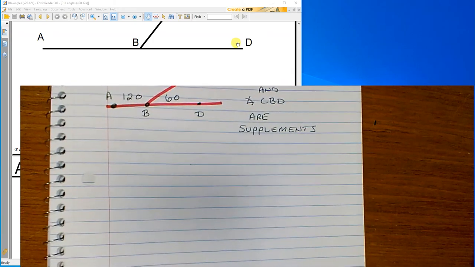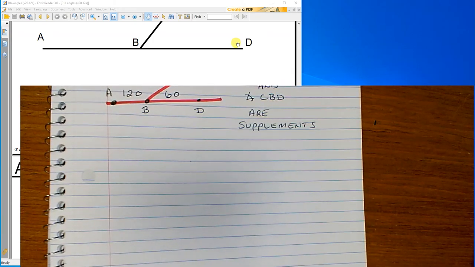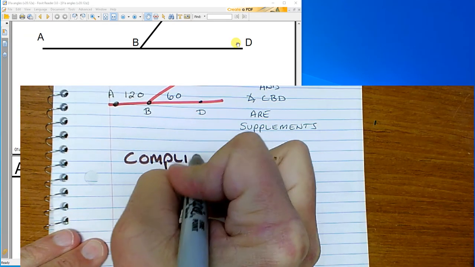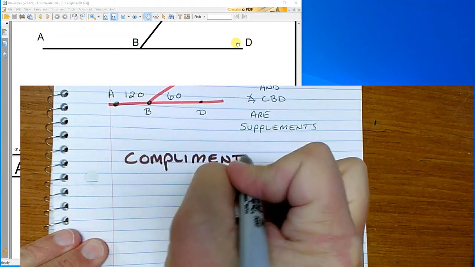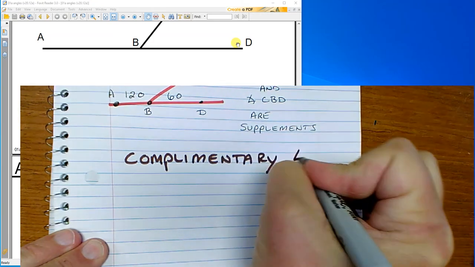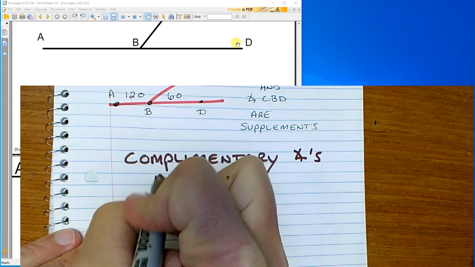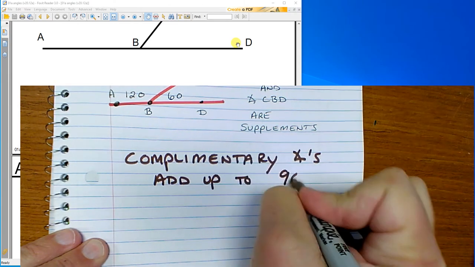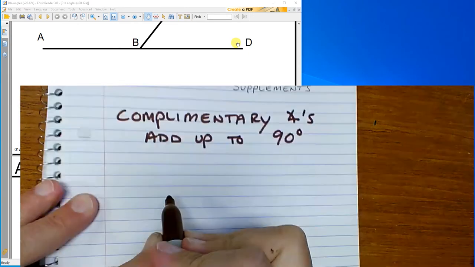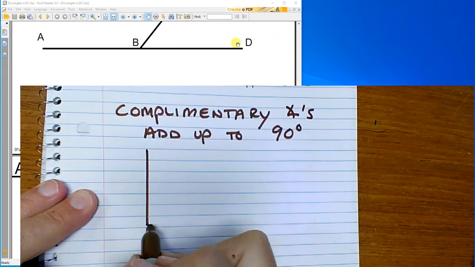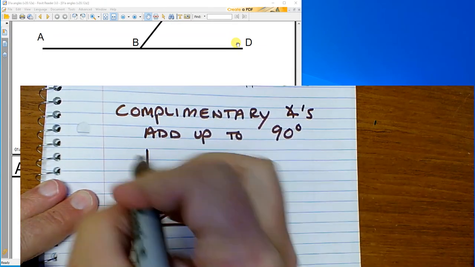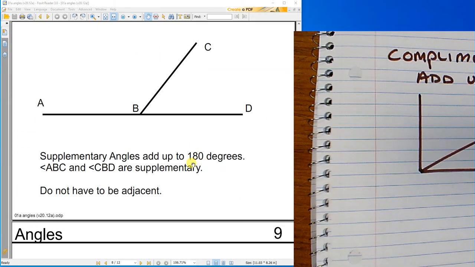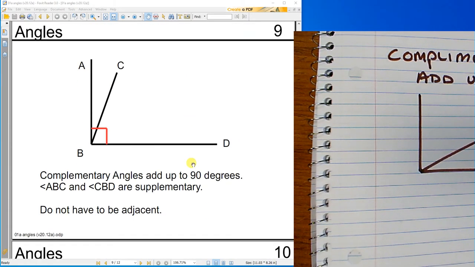Our next one are complementary angles. And these guys add up to a 90.